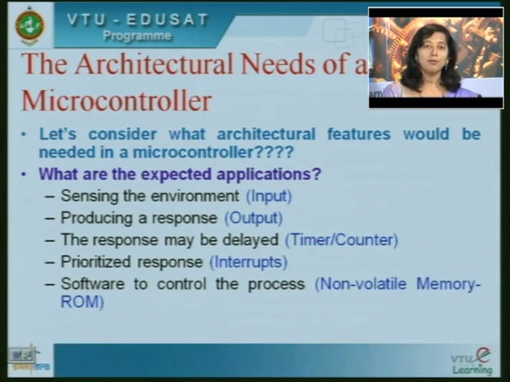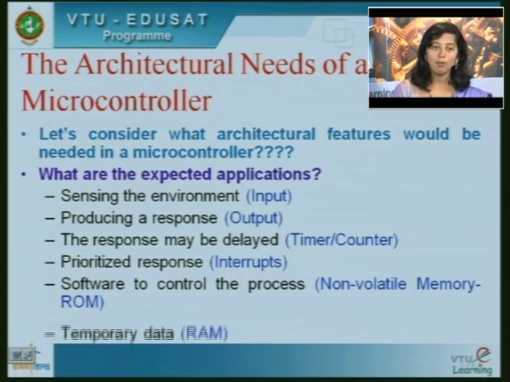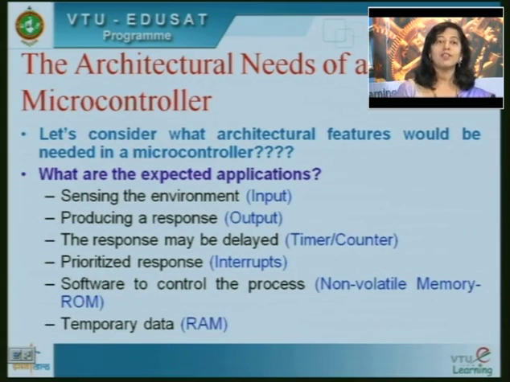Similarly, I am going to write some software or assembly level program to control this microcontroller, and where does that program sit? It should reside in some memory unit. So I have to put some non-volatile memory or ROM. It should not get erased as soon as I change. So surely we need ROM. Then the temporary data can be stored on a random access memory or volatile memory, we call it RAM.